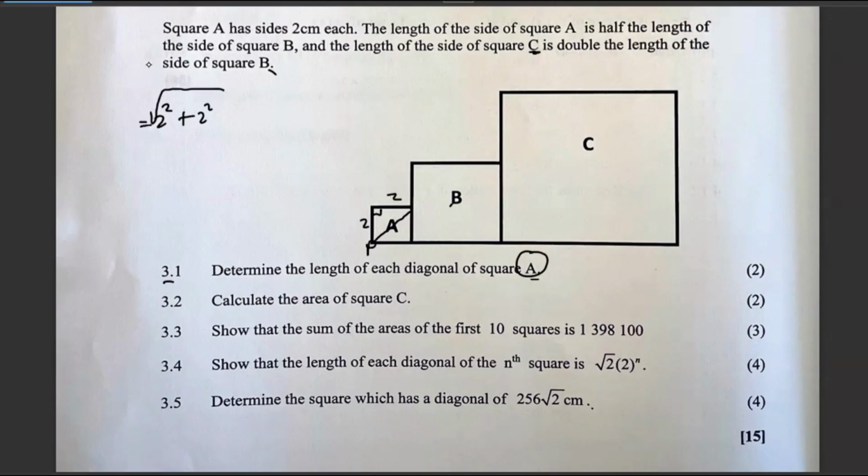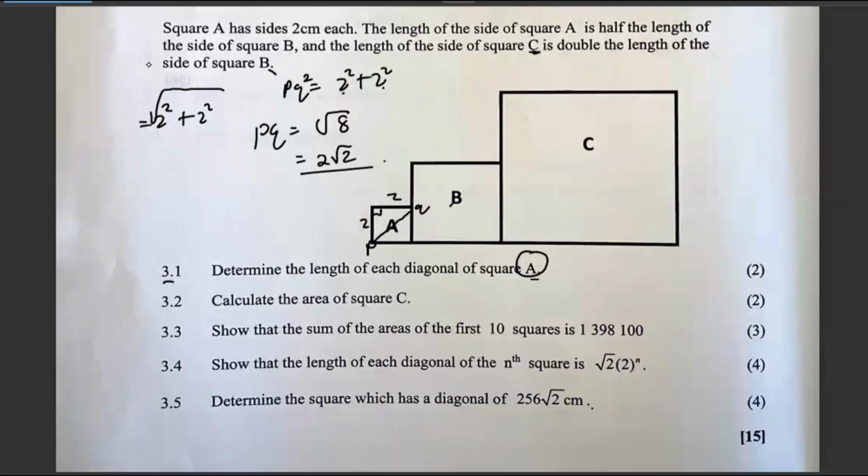If I call this P and Q, then PQ is going to be 2 squared plus 2 squared, and then you find the square root. So this is 4 and 4, which is 8. The square root of 8 gives us 2 root 2. This is what we are getting.